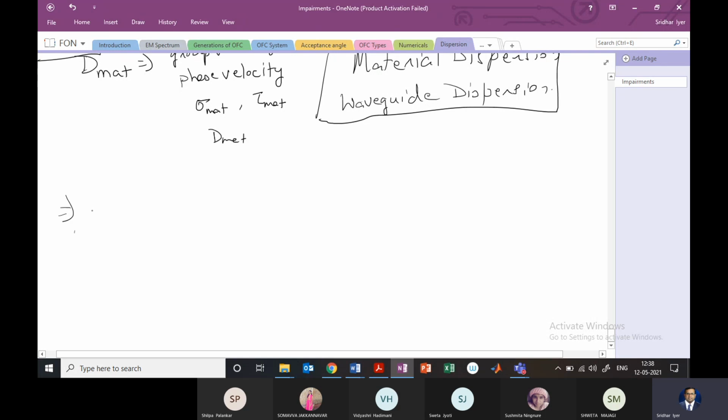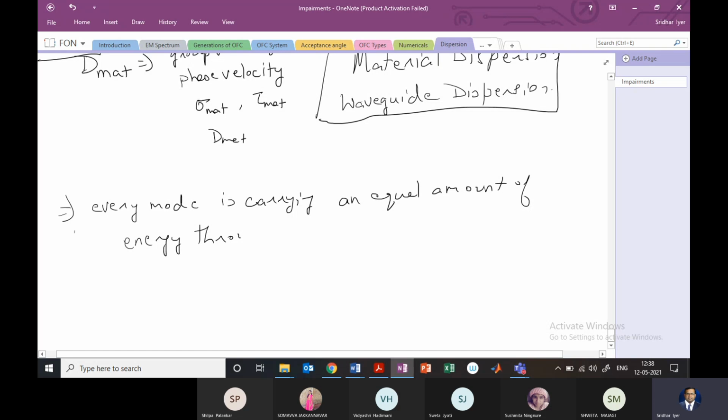It starts from the fact that every mode is carrying an equal amount of energy through the fiber, right? So this is what it means.